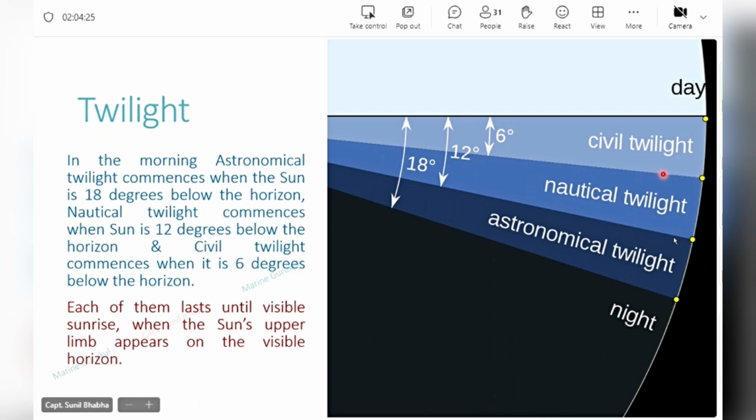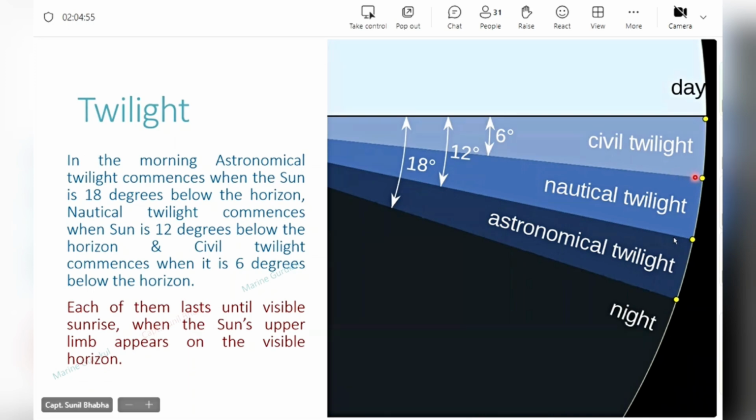Now, when the sun reaches 6 degrees below the horizon, as it is coming closer to the horizon from 18 to 12 and from 12 to 6, more and more light is visible to us on the eastern horizon. At this particular instant, when it is just 6 degrees below our horizon, there is so much light on the eastern horizon that stars and other celestial bodies, stars as well as planets, start to disappear.